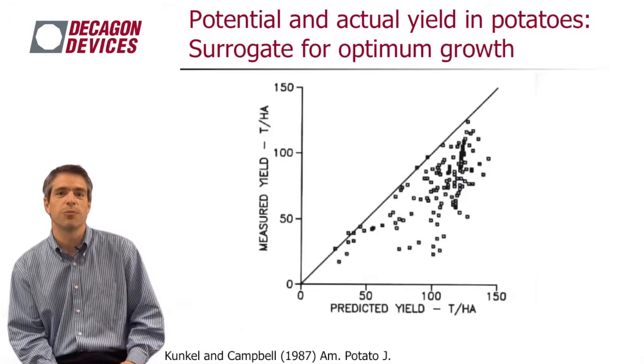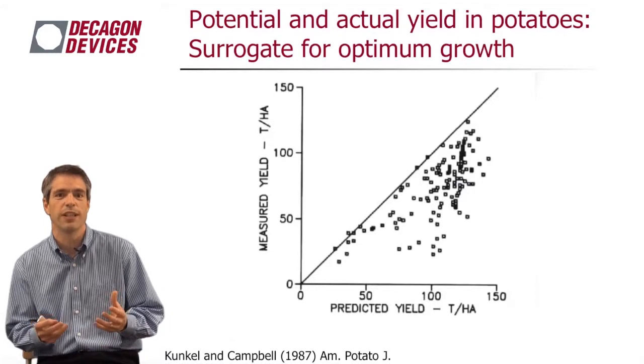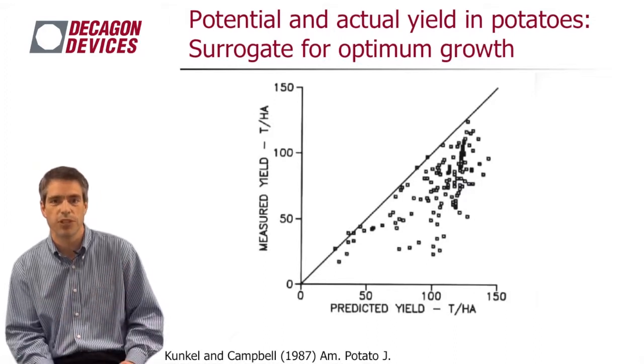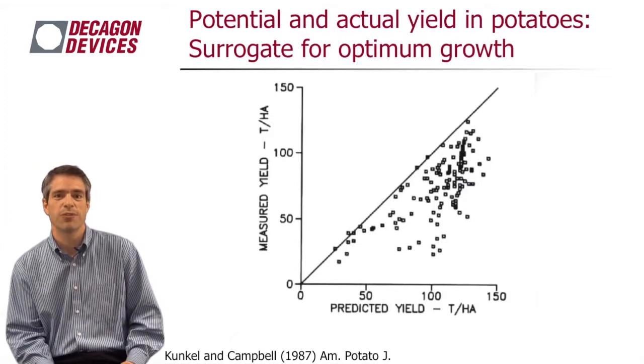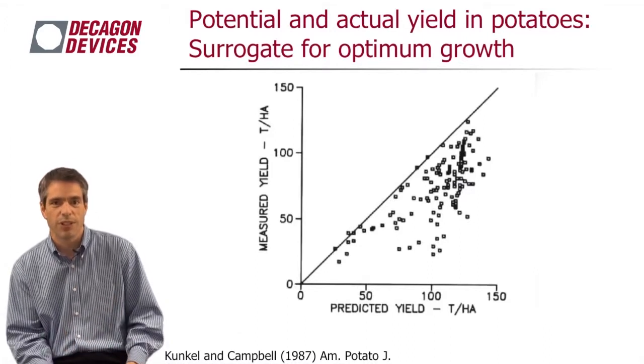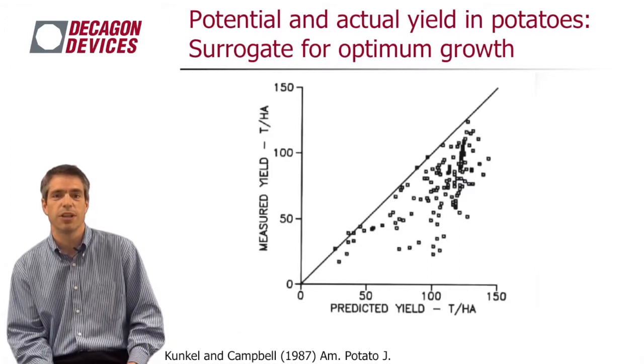Here I'm showing some plot studies that Dr. Kunkel did, where they were looking at the potential or predicted yield of these potato plots versus the actual measured yield. This graph shows a very interesting thing: there are a few of those plots, some of the years, that were able to approach the maximum possible yield of that potato plot, but most of the potatoes really didn't ever come close to that optimal line.